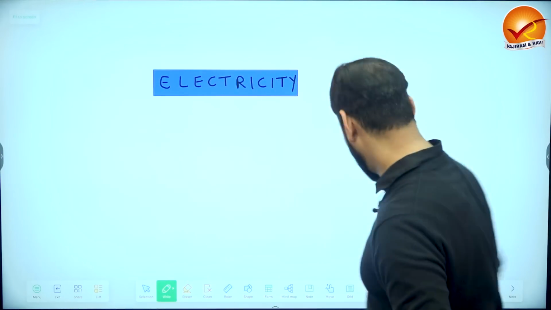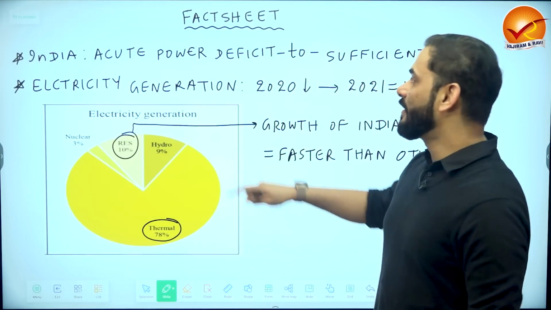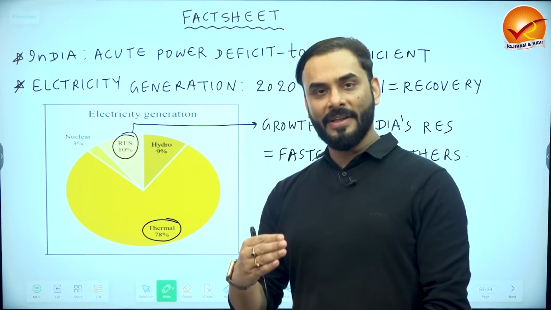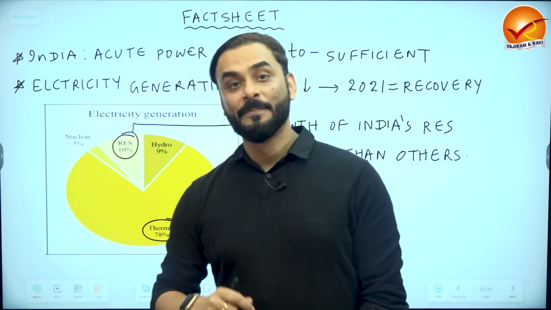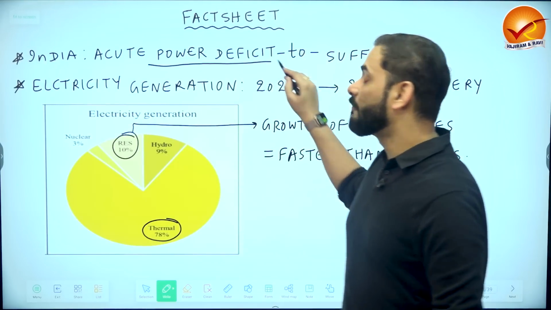So now guys, let us look at the power sector of India or electricity related infrastructure. You see, let us look at some basic fact sheet. So see, in India, few years back, not 5 years or 6 years, but long time back, India was considered to be a country with acute shortage of power.